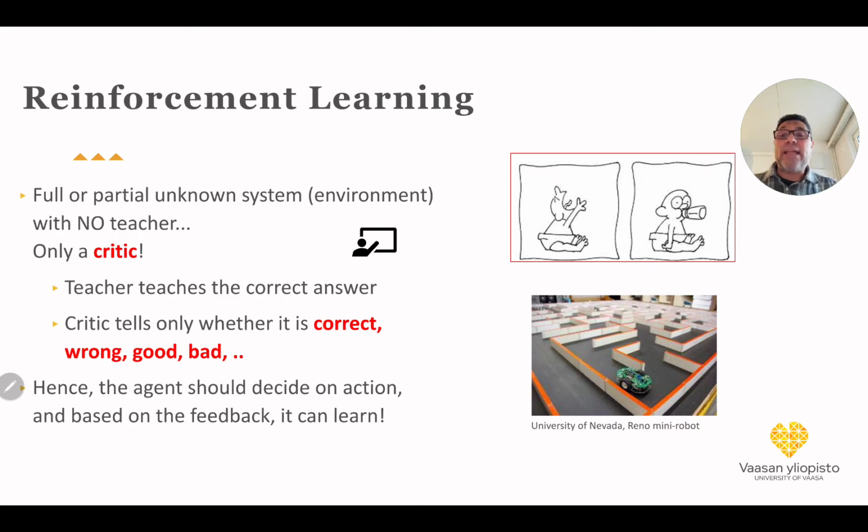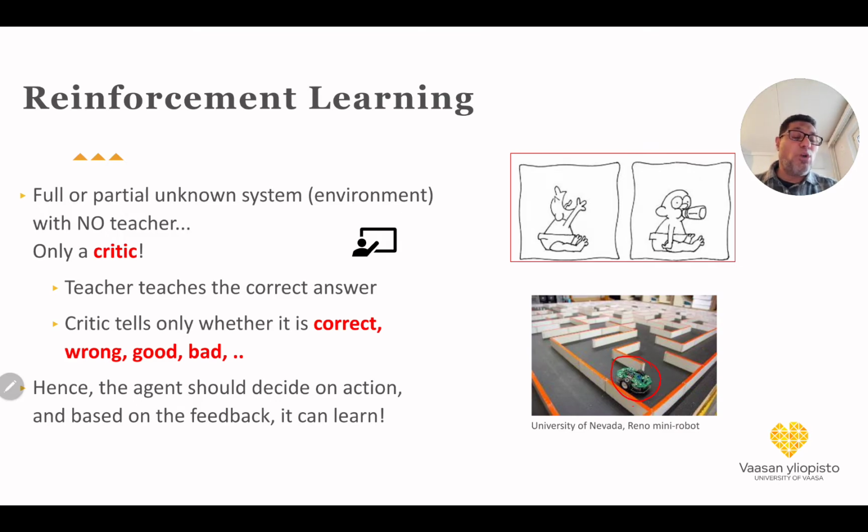But now if you don't have such data, for example, you have this robot, and we put the robot inside this maze, and this robot maybe has a camera and sensors, but we didn't tell it anything about the robot or the maze itself.